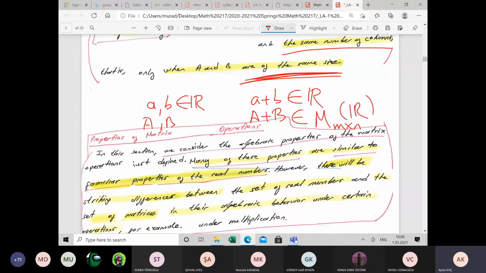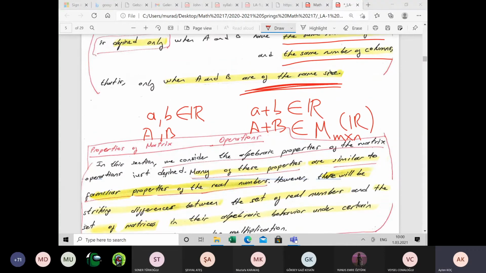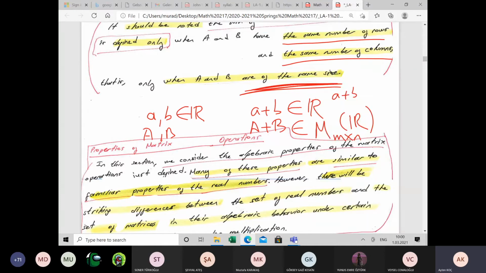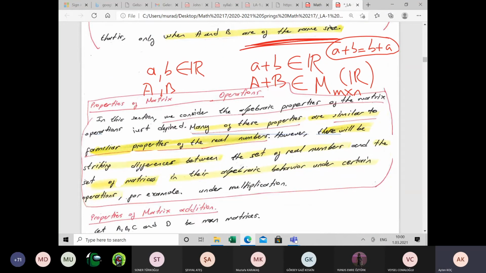We know that for two real numbers, a plus b is always b plus a; it is commutative. Is this property valid for matrices or not? Our question: take the two matrices, compute A plus B, then change the order. Is it B plus A or not?